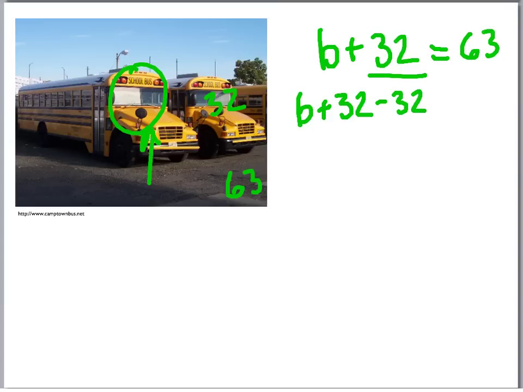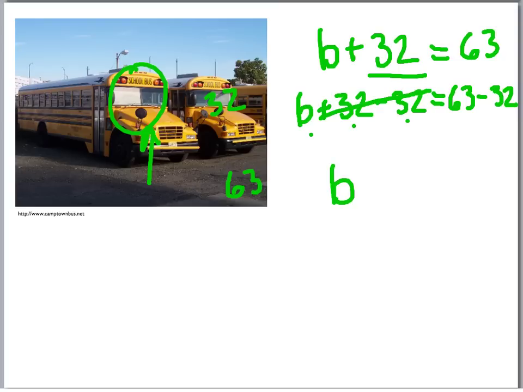Okay? That's going to get rid of that 32, isn't it? Just leave B. But remember the scale. Whatever you do on one side of the problem, you have to do to the other in order for it to balance. So B plus 32 minus 32 equals 63, and do the same thing on the other side, minus 32. So when you're doing this, the plus 32 minus 32, that's going to cancel out, isn't it?